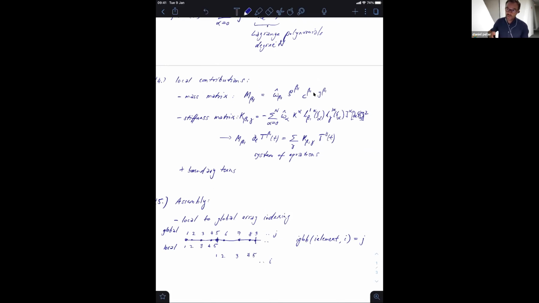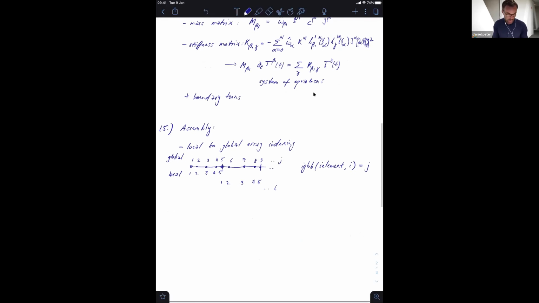So now if we are in element 7 on the local GLL point 3, we know what the associated global index for that node would be. So now we can assemble the global matrices with that sort of indexing. So that belongs to the assembly stage.